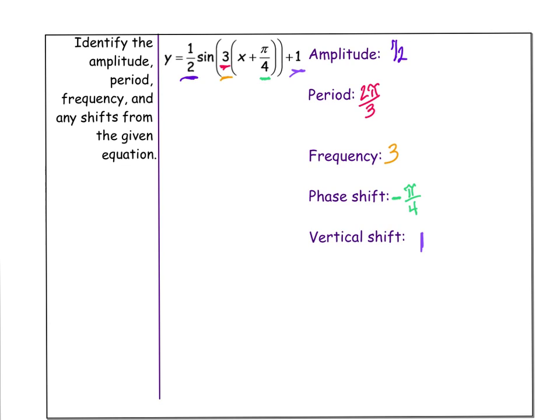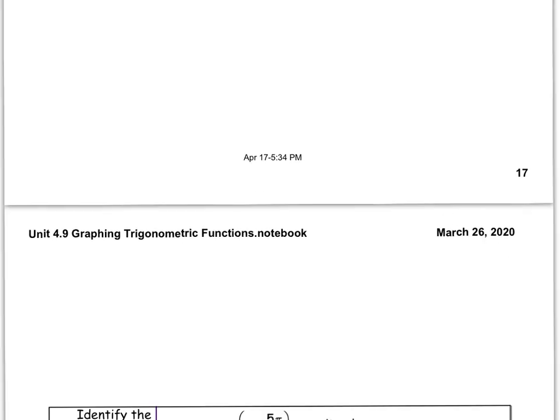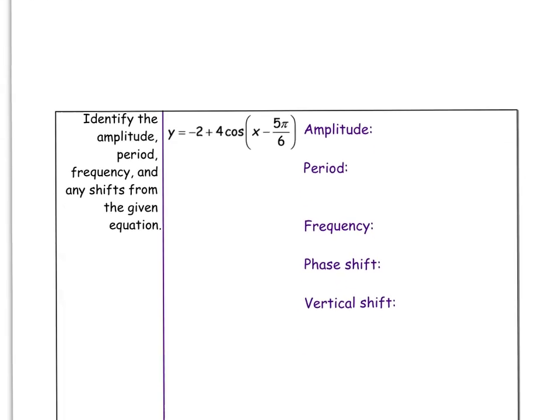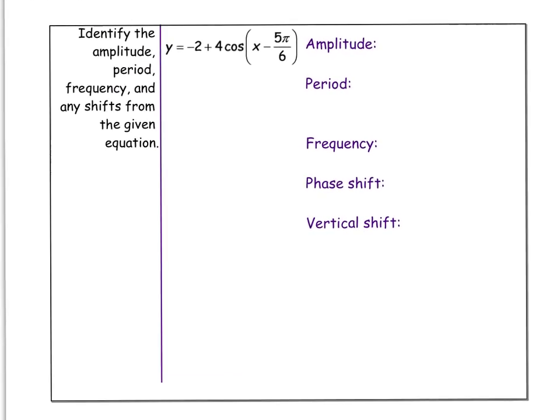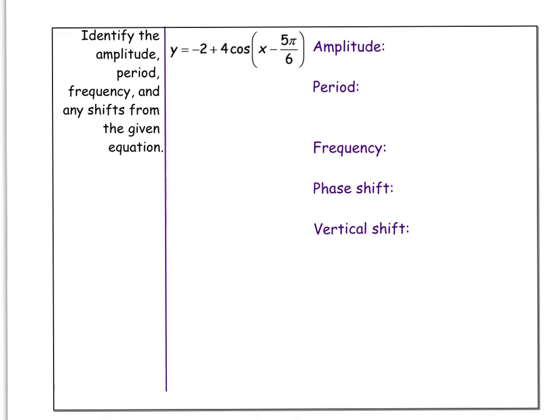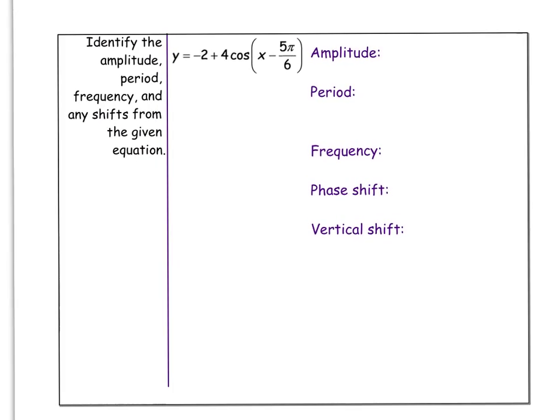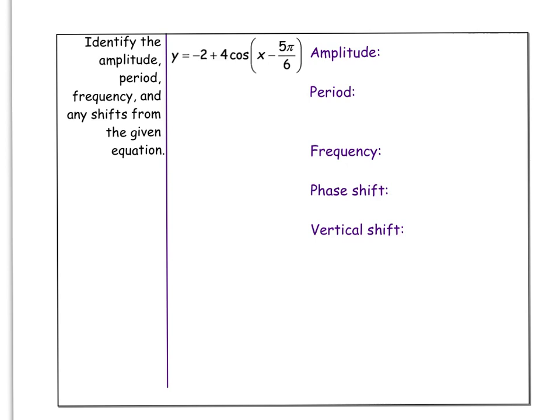We're going to do the same thing for the next equations and find all the information. Okay, this one looks a little different. What's different about this equation? Well, they moved d, this is d, to the front of the equation.